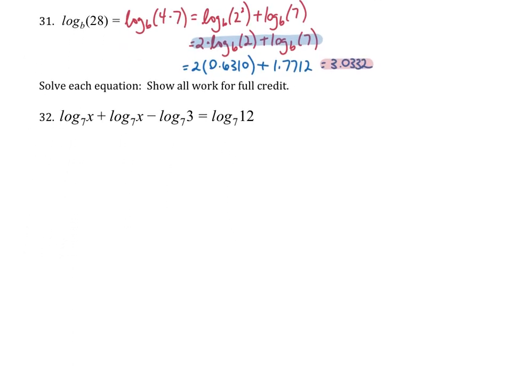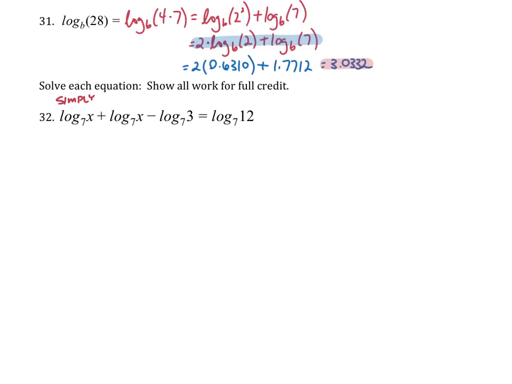On this next one, when you're looking at certain situations, you want to simplify the expanded form and then look, because whatever is inside as your solution is actually going to be equal to what's inside the solution over there, since I have the same base. So I have log base 7 of x plus log base 7 of x.